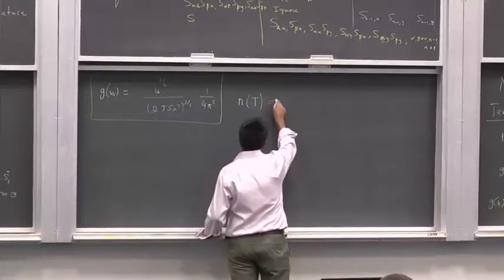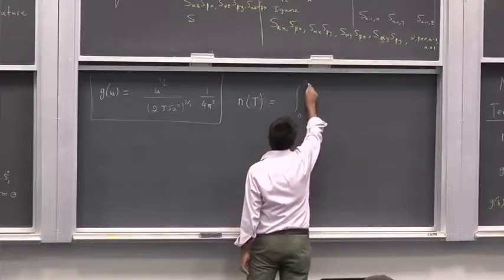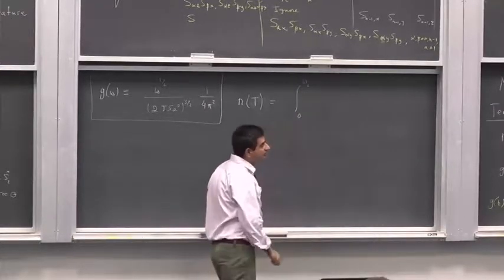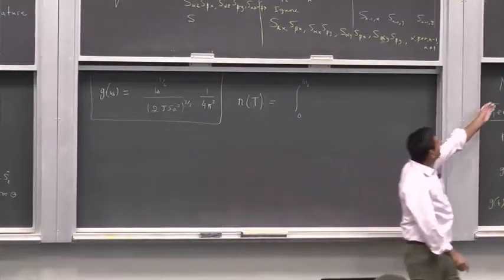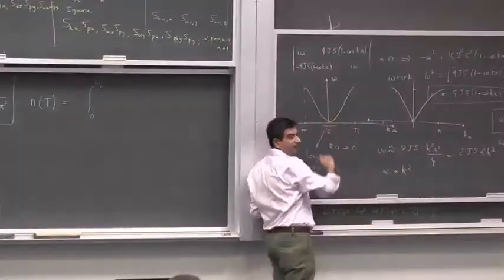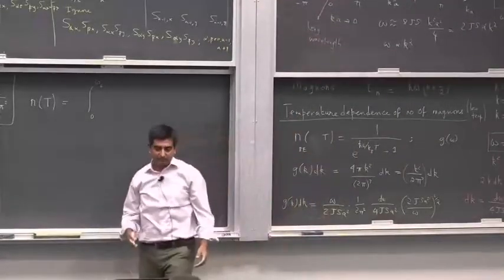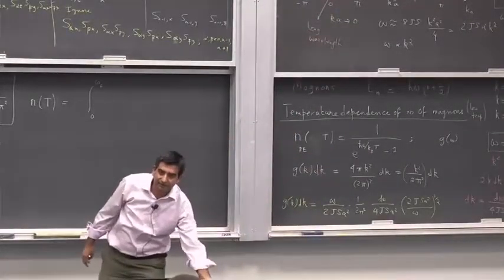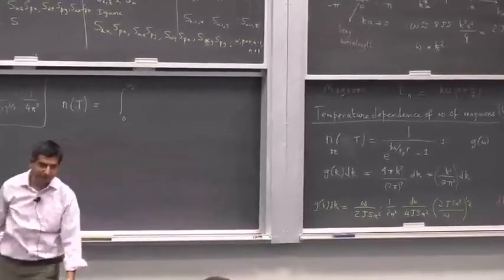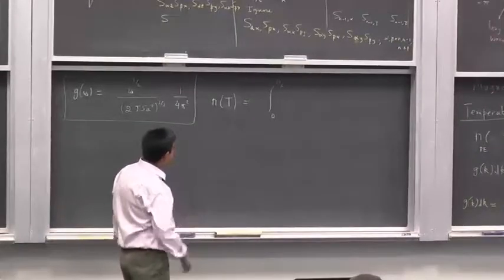This is going to be the integral from 0 to some upper cutoff frequency, omega c, because the total number of modes that exist in the system is cut off on the upper scale. So you have some upper cutoff frequency, which I'm going to change in a minute.